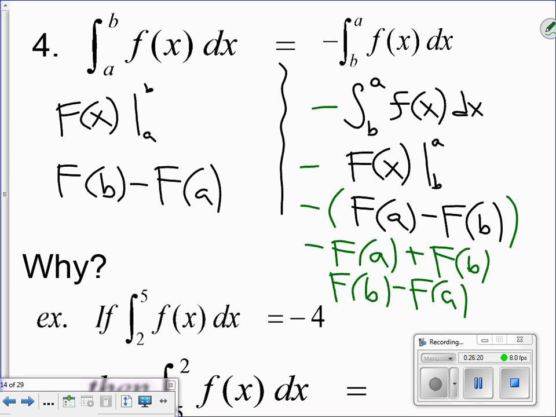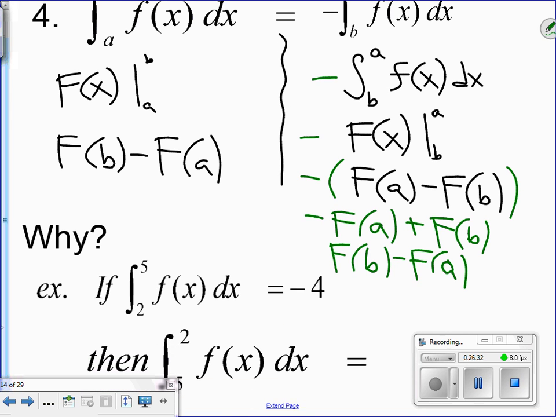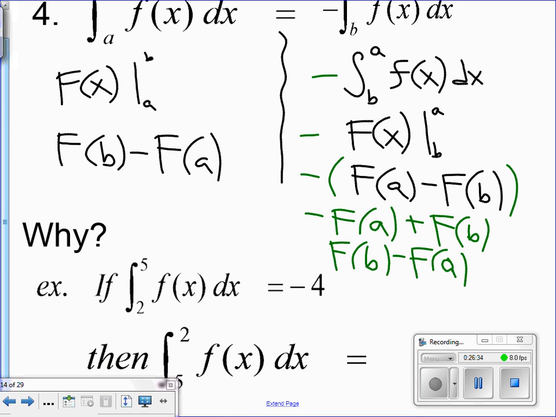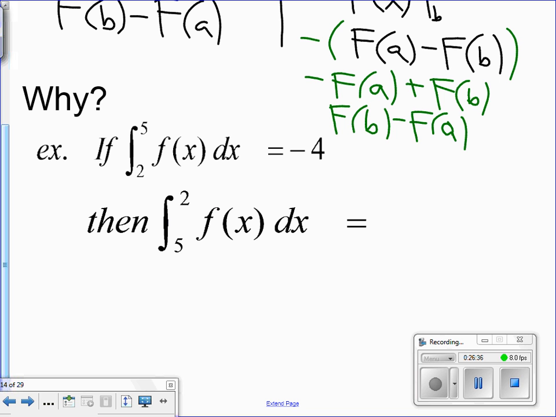So the moral of this little story is, if you know the value of a definite integral, whenever you switch the limits of integration, you can have the opposite value. For example, suppose you know the definite integral of f of x from 2 to 5 equals negative 4.